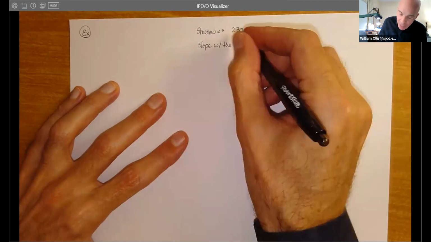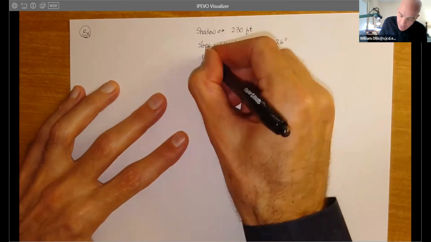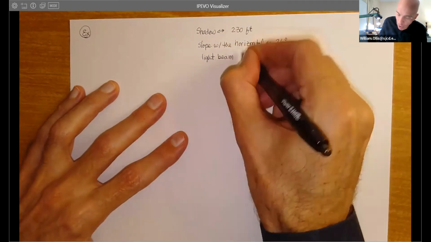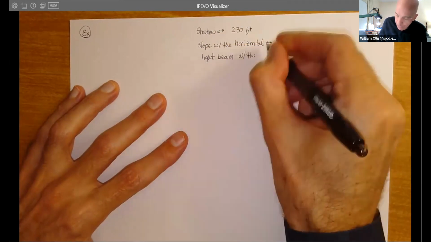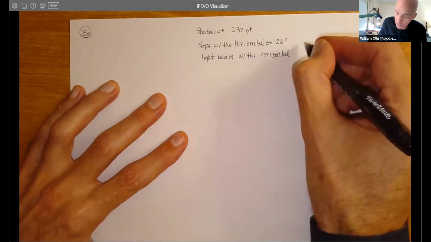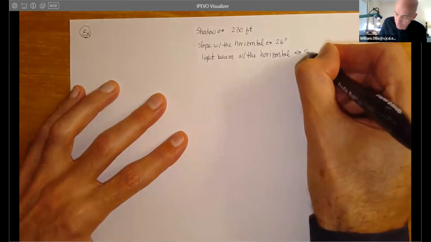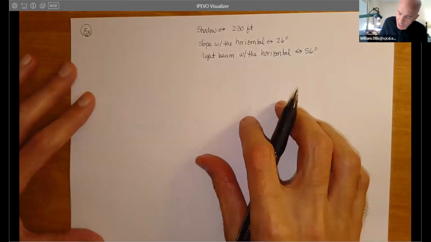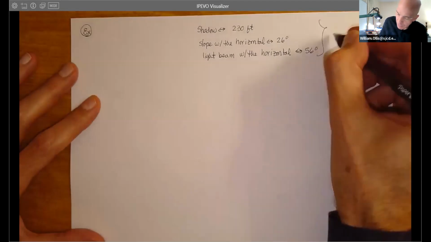And then the light beam of the sun with the horizontal, so these are triangles within a triangle, will be 56 degrees. Now, here's the picture. So this is the hypothesis.